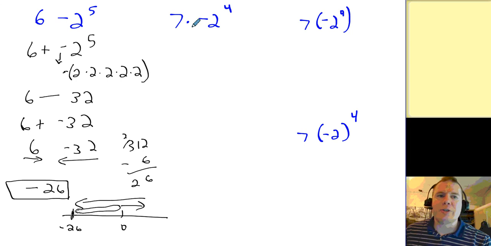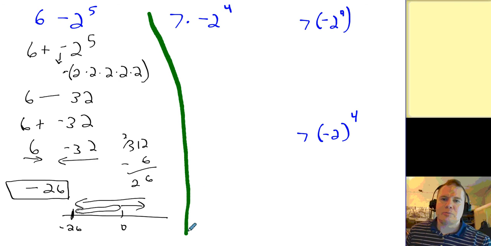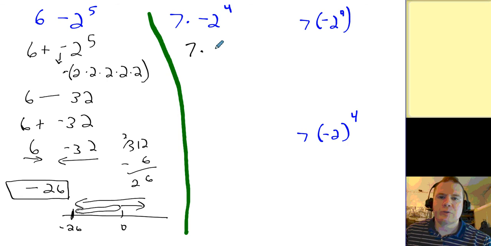Now over here, I don't have addition or subtraction. I'm multiplying. I have a single 7. So separate these here. I have a single 7 times the opposite of 2 to the 4th.